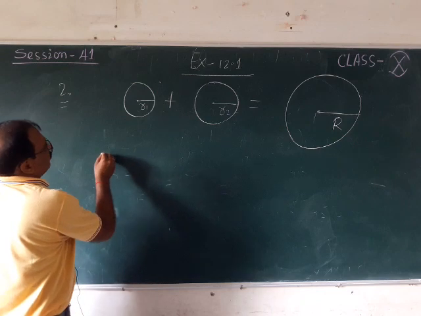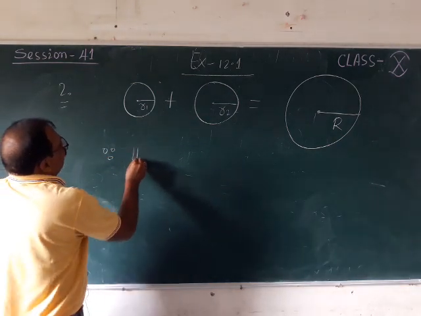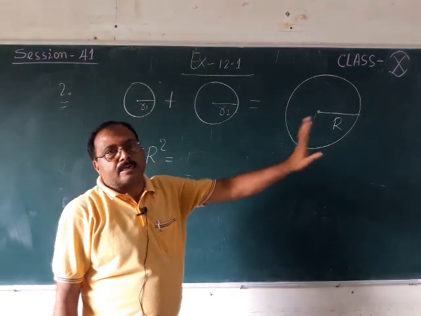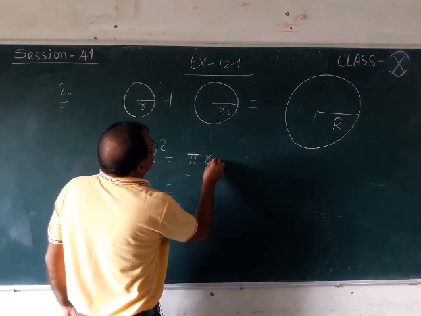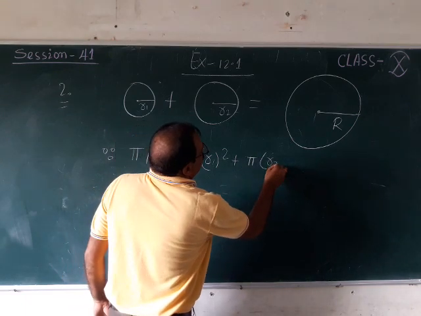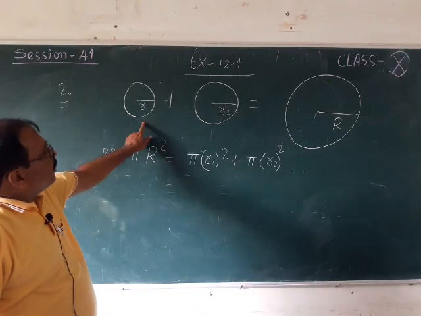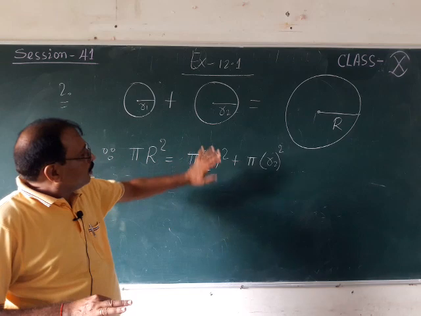Here I will be writing pi R square, meaning the area of the bigger circle is equal to pi r1 square plus pi r2 square, where r1 and r2 are the radii of the two small circles, that you can write by yourself as the statement.